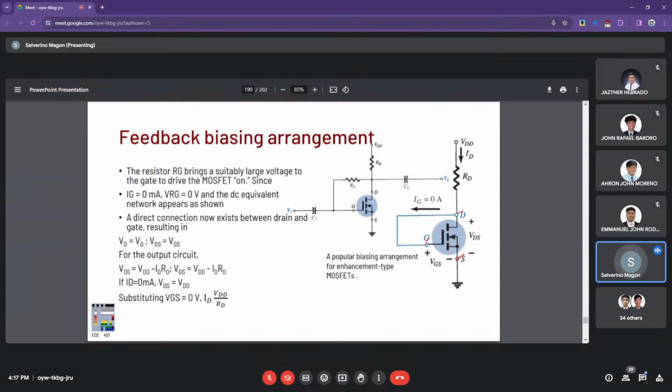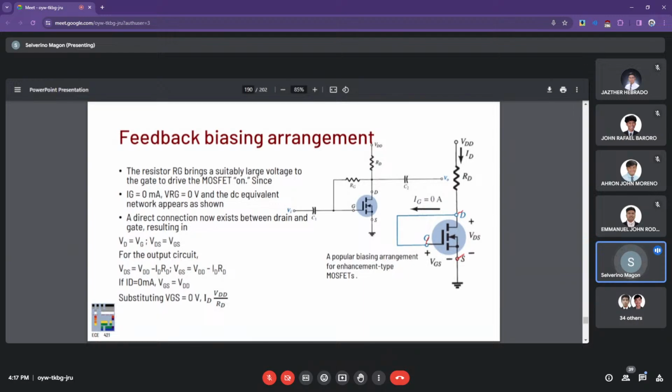And the DC, okay, so the connection exists between the drain and the gate. So here VD is equal to VG, and VDS is equal to VGS.